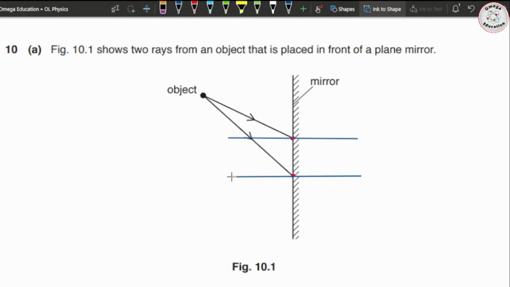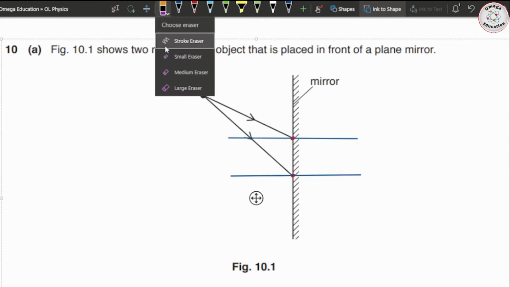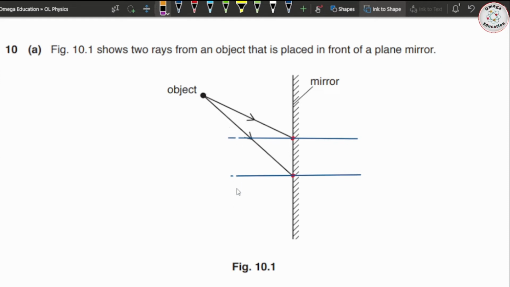It must be perpendicular to the surface, in this case the mirror, and secondly, it must pass through the point of incidence. And these lines are represented by dotted lines, so let's make them dotted lines. These are the normal lines.